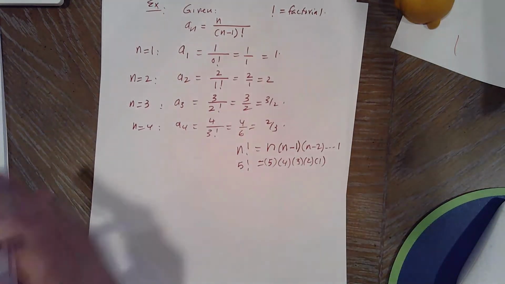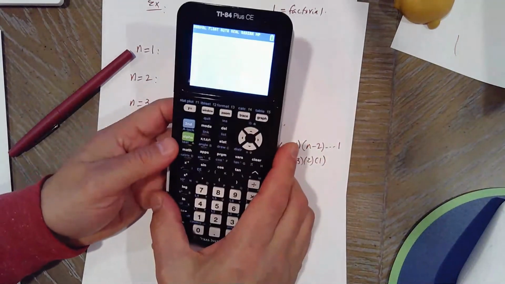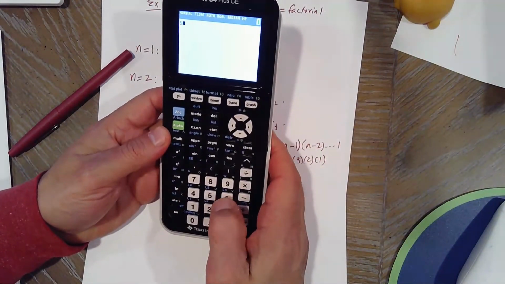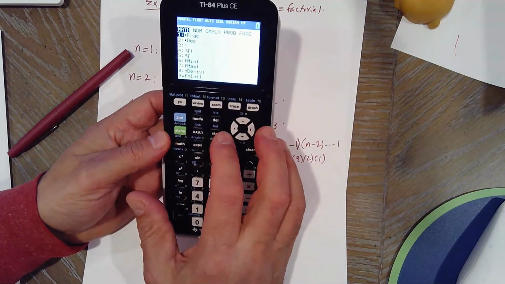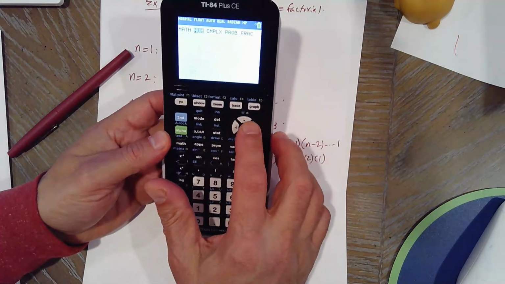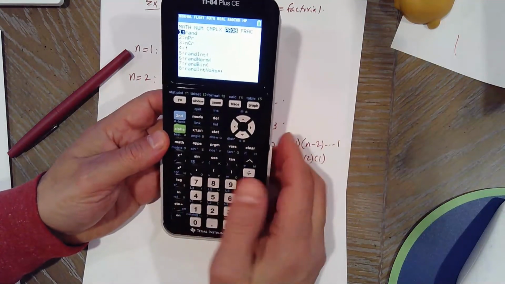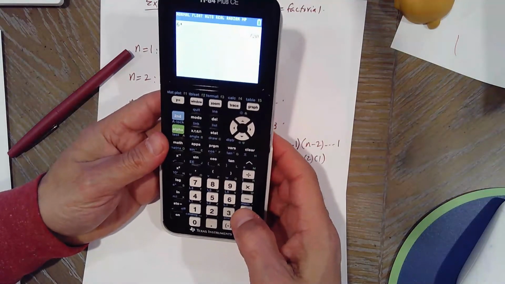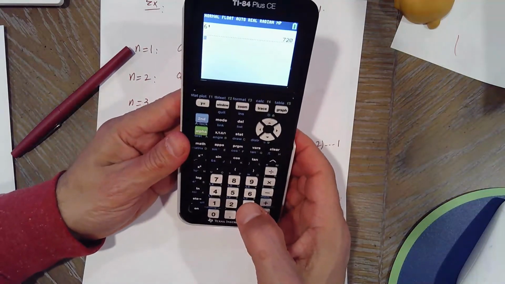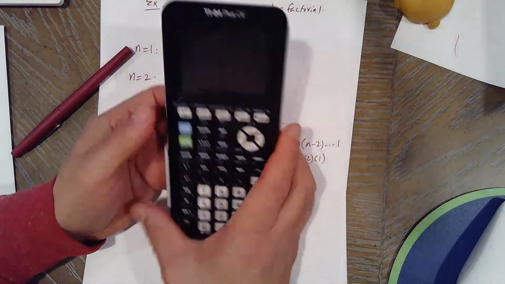Your calculator actually has that key if you don't know. Say you want to do 6 factorial, so you press 6, go to math, go to PROB, probability, and you can see number 4 is the exclamation mark, so 6 factorial. The calculator did 6 times 5 times 4 times 3 times 2 times 1, and it got 720. Okay.